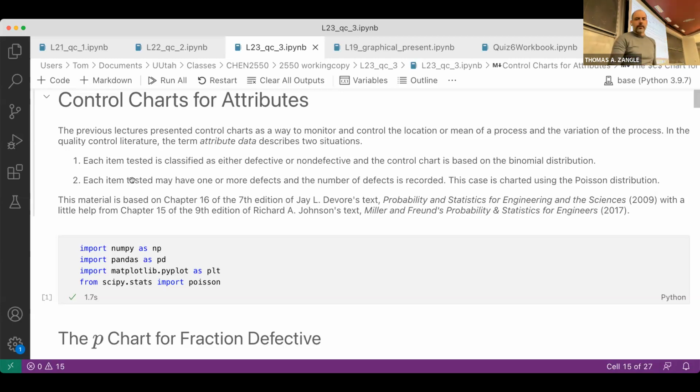An example for a number of defects would be if we were looking at LCD panels. There are a certain number of defects that are allowed within an LCD panel on a TV or a computer screen. If we were charting that in some process, we would use the Poisson distribution because that's the relevant underlying distribution.